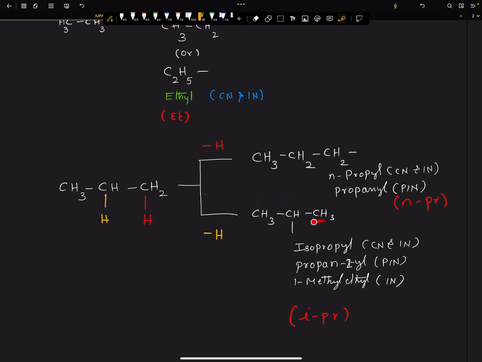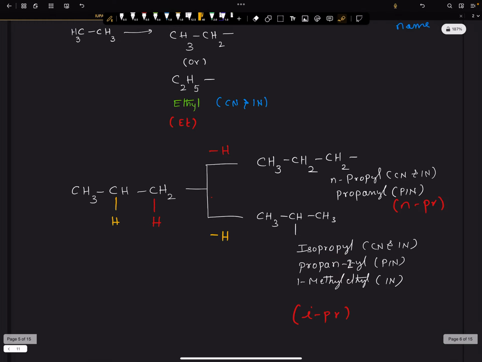On the first carbon we have a methyl group, so we call it the 1-methylethyl substituent. In short, n-propyl group is written as n-Pr and isopropyl group is written as i-Pr.